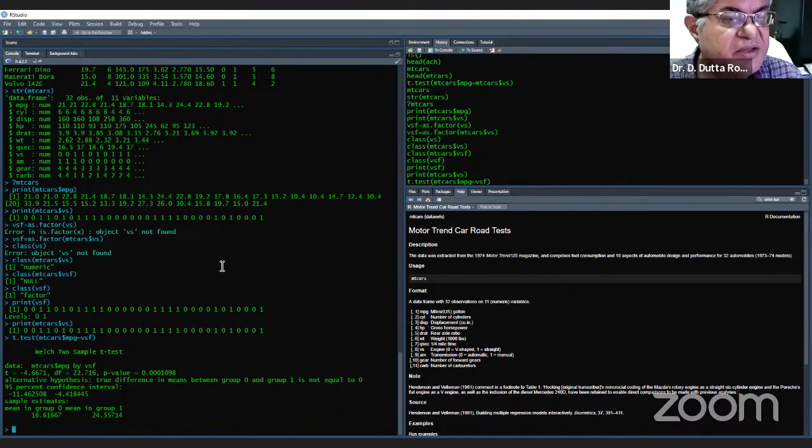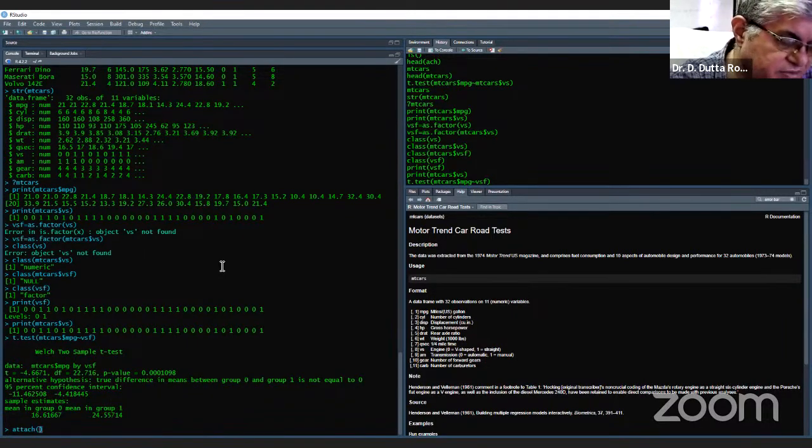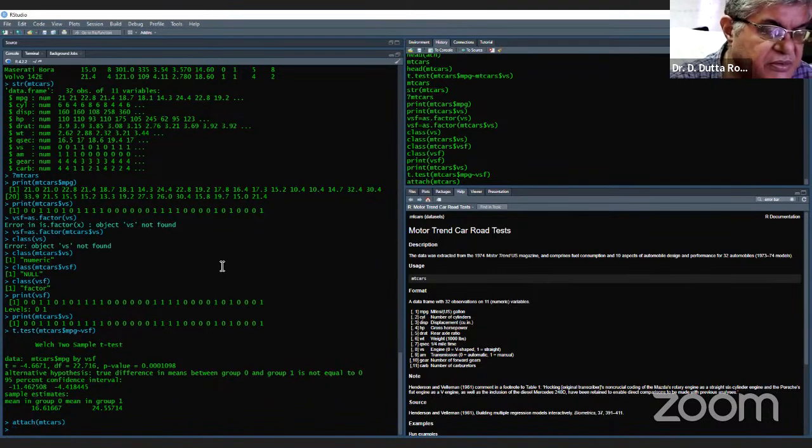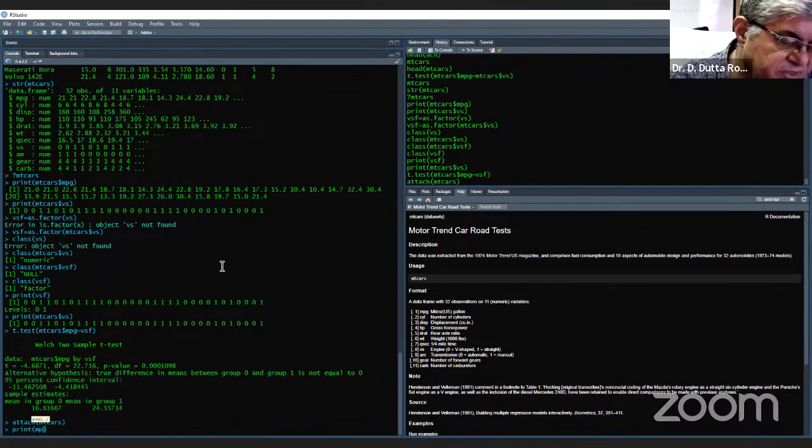Shashwati is asking me whether we will write mtcars always. No, if you want, you can write attach mtcars. Attach is a function. Then you can write only print mpg.